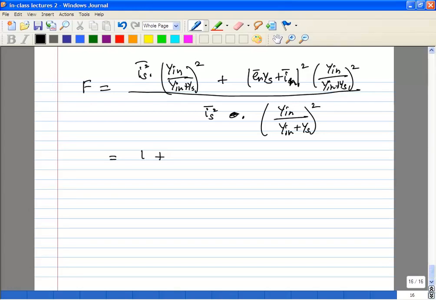Why do you consider the same term? They are different sources, but they are correlated, which is why you need this. You can't separate them out. Yeah, that's the modulus.